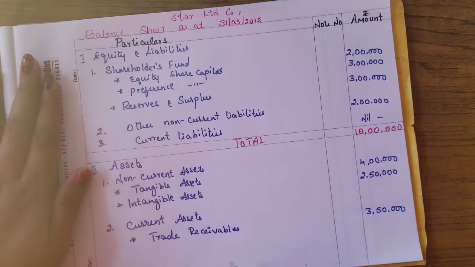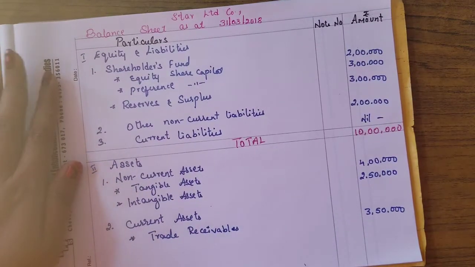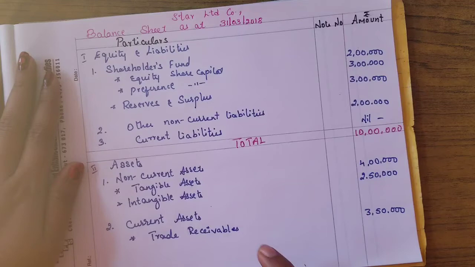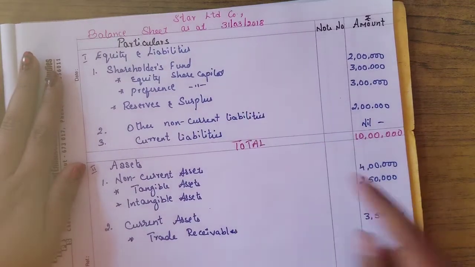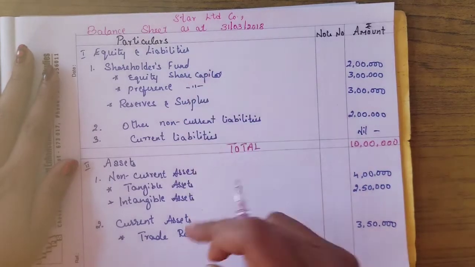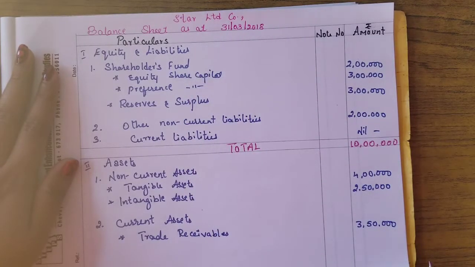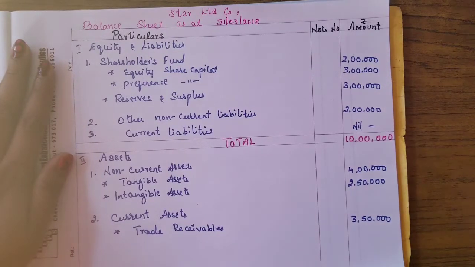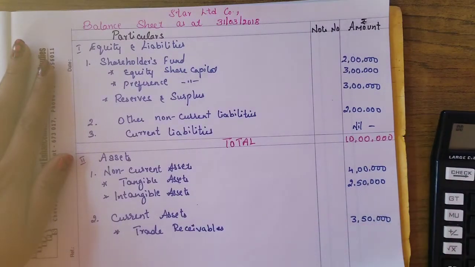Before doing the total, if you cross check with the question how many items are there below the assets or below the liabilities, you will easily make out. If you have missed any one item, it will not tally and your marks will be deducted. So you will not miss any item when you cross check once before doing the total.